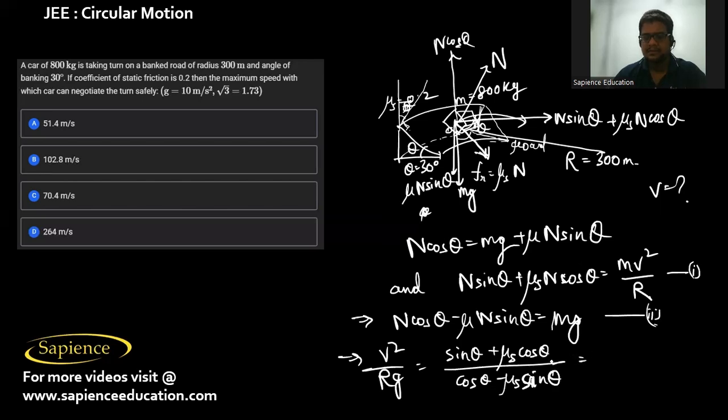So this we can write, if we divide by cos theta, then this will be tan theta plus mu s by 1 minus mu s tan theta.